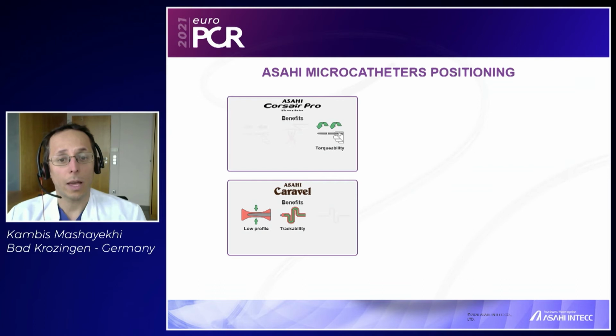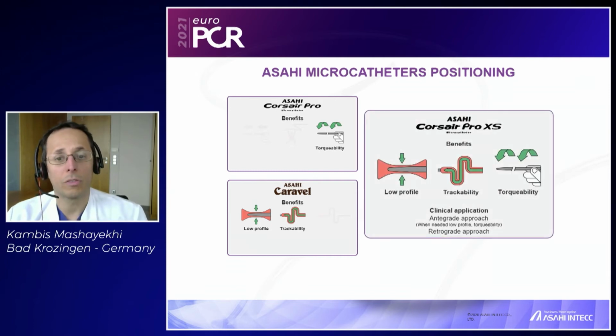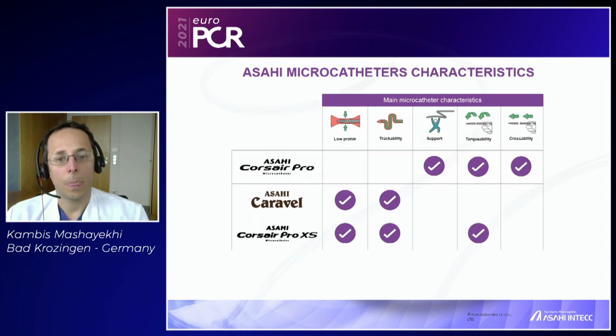Taken together, the hybrid of those different advantages, torquability, low profile, and trackability, is the Corsair Pro XS. Well, it's a hybrid between the Corsair Pro and the Caravelle. The good thing about it is that with its low profile, you can track even smaller channels, but you still have the opportunity to torque this device, right?